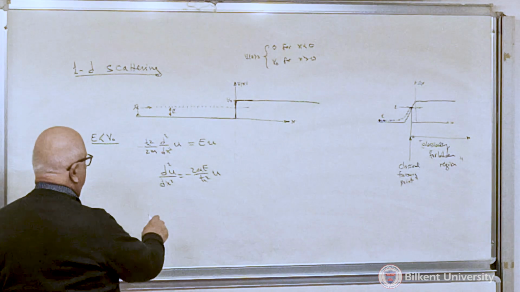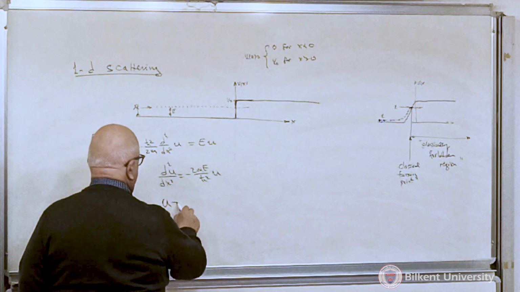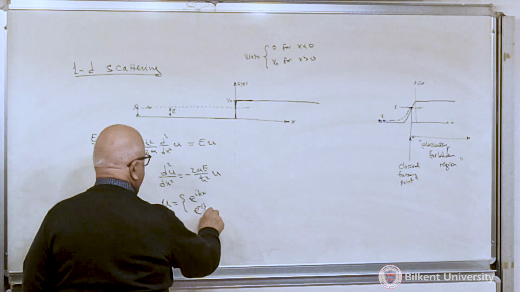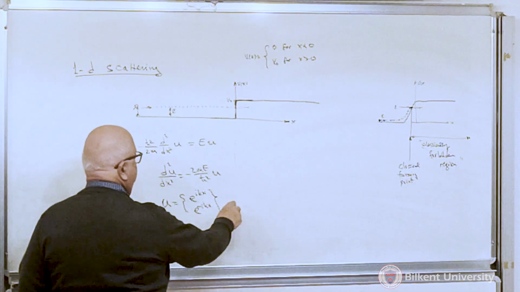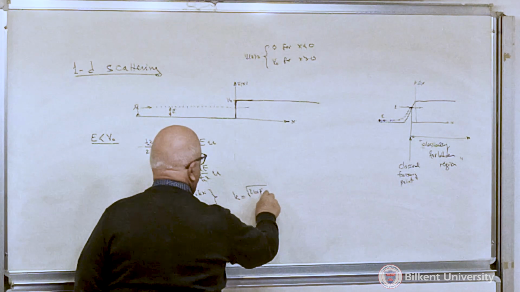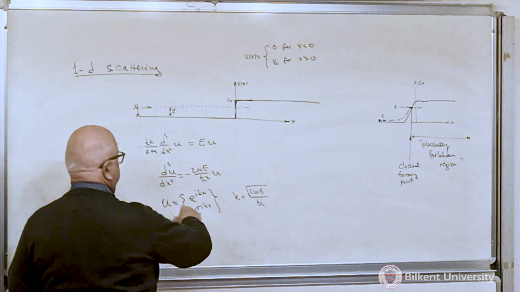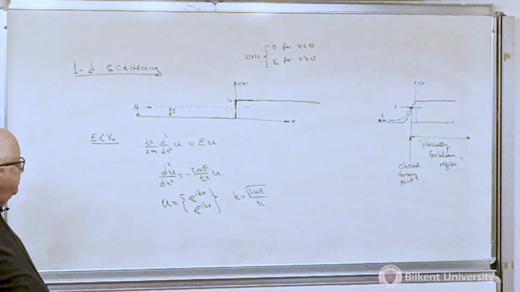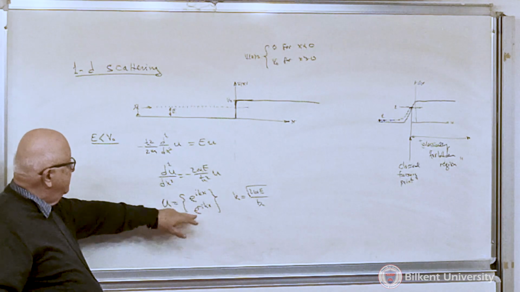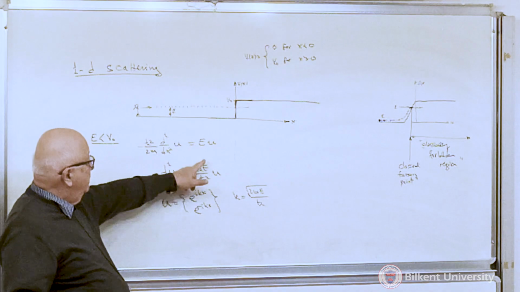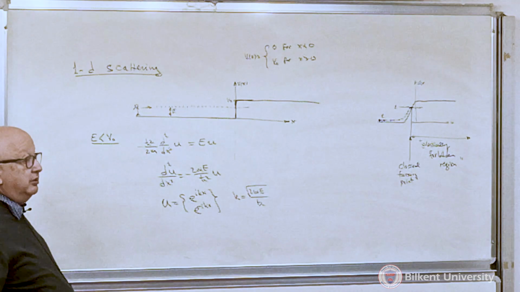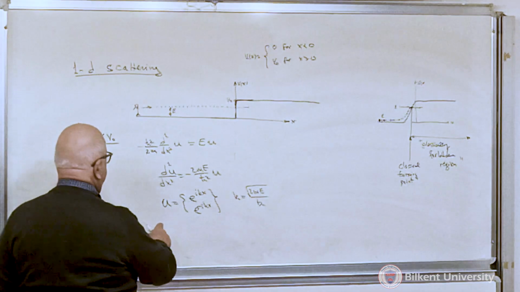And the solutions were u is a linear combination of e to the plus ikx and e to the minus ikx, where k is equal to the square root of 2mE over h bar. Simple differential equation. The second derivative of this is going to bring down a minus k squared, which is going to be equal to that.